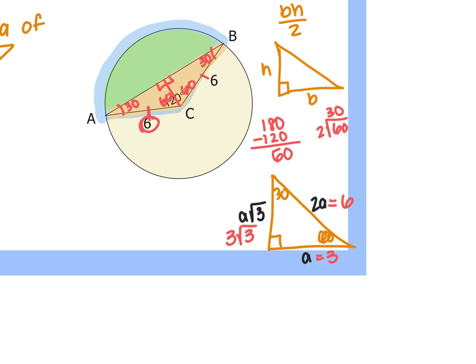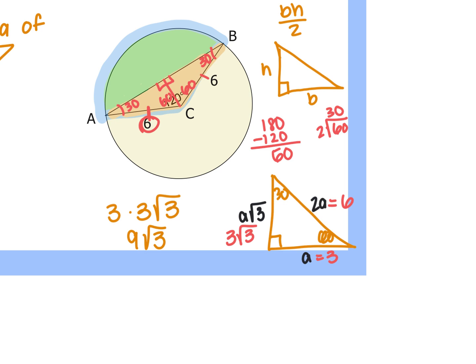All right, now looking at it, I need to find my base and my height. What is my base? My base is 3, and my height is 3 radical 3. If I multiply these, what did I get? 9 radical 3. I am not dividing it by 2. Why am I not dividing it by 2?